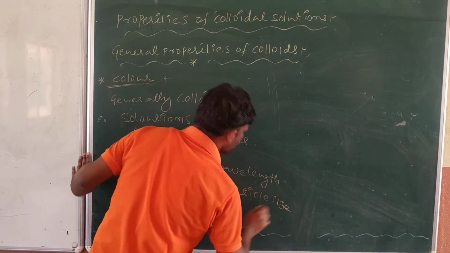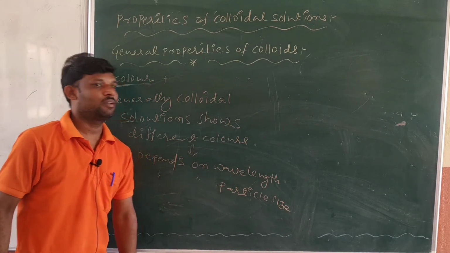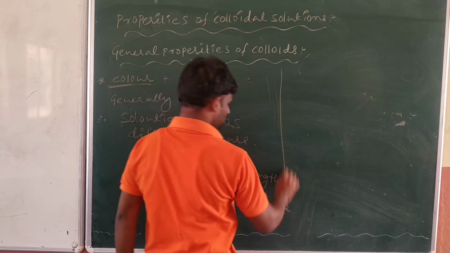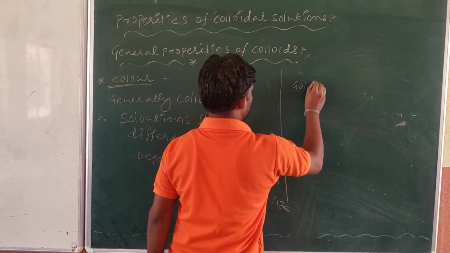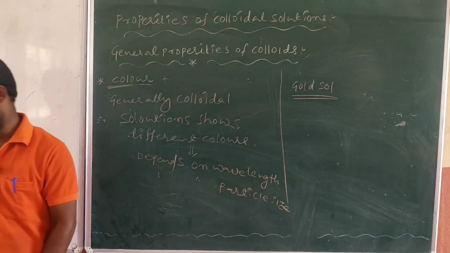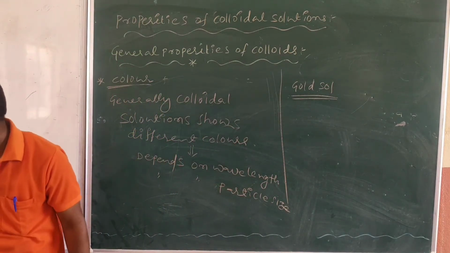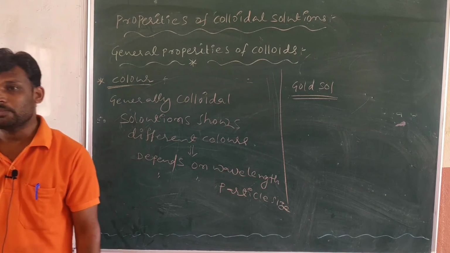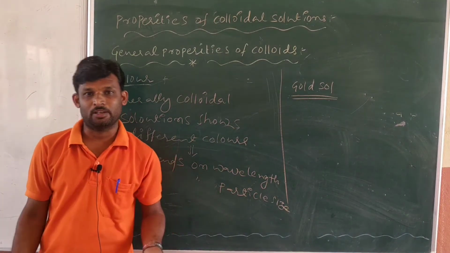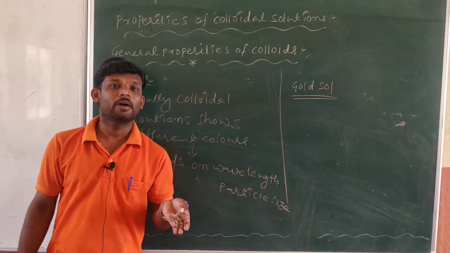These are showing different colors. For example, when I talk about gold sol, generally gold sol is red in color, am I right or not? It is red, but sometimes it shows a mixture of blue and red color. Why?